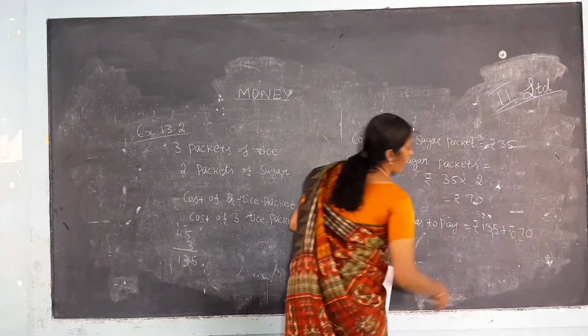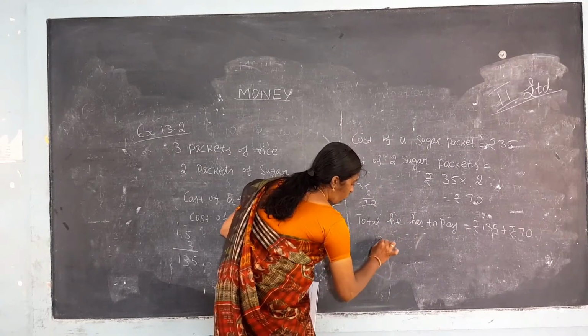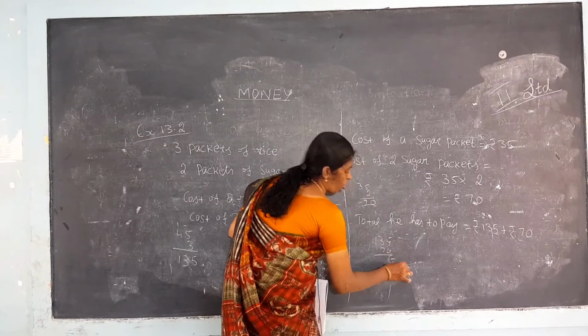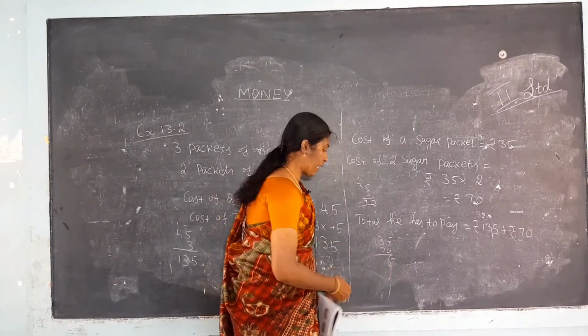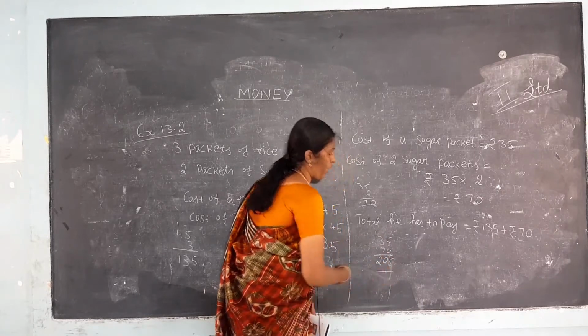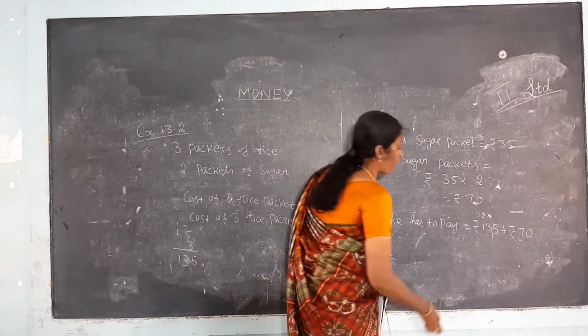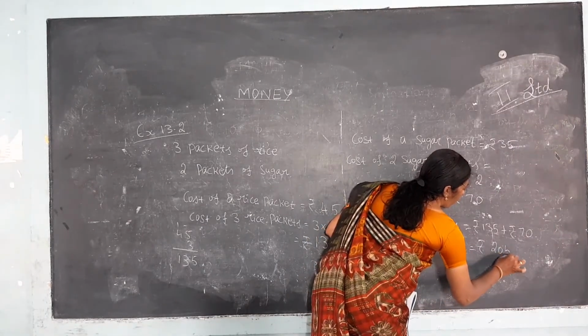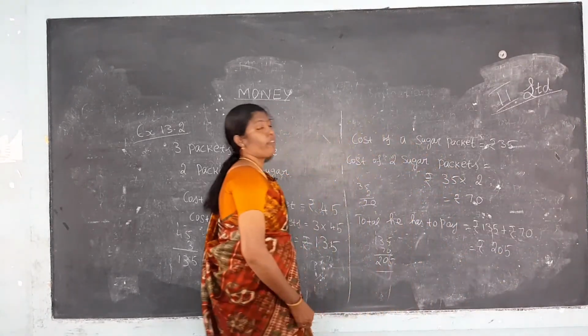Rupees 70. So just add it, 135 plus 70. 5 plus 0 is 5, 7 plus 3 is 10, 0 then 1, 205. So the total amount is how much? Rupees 205.